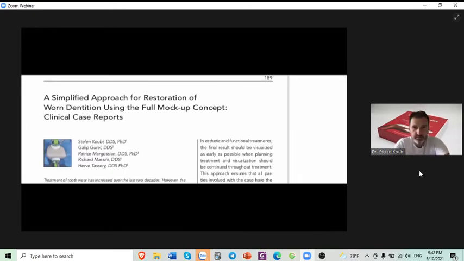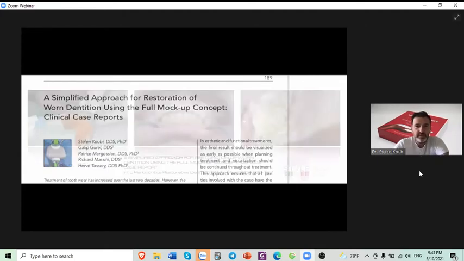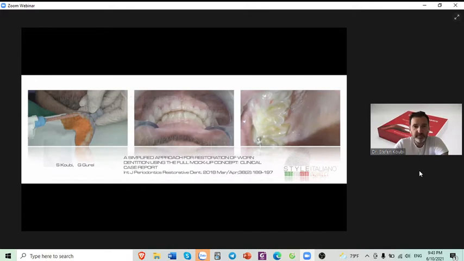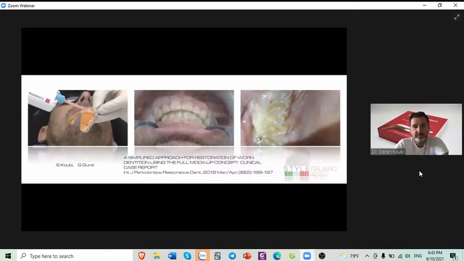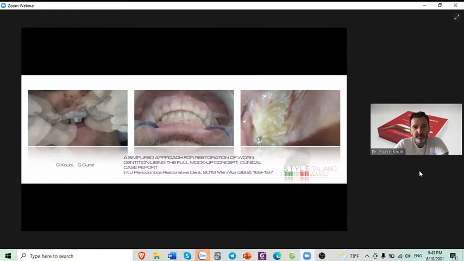It was the periodontal and restorative dentistry from Quintessence, and that's what we published already 3 years ago. And the key point that you need to understand is, first, thanks to the 3D printed template, we are able to place this full mock-up in the mouth.